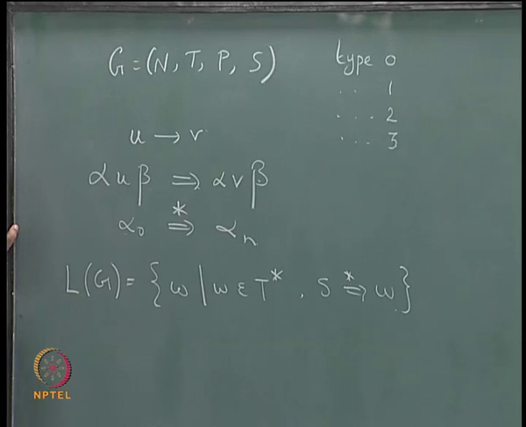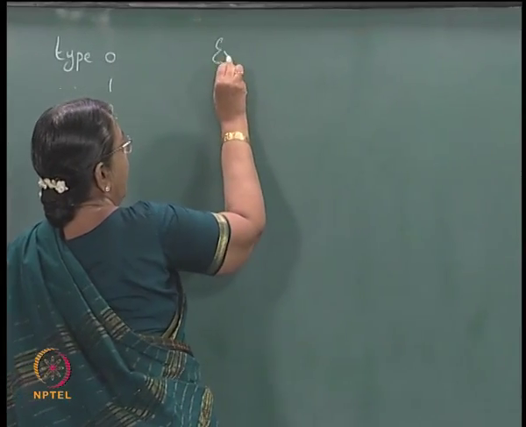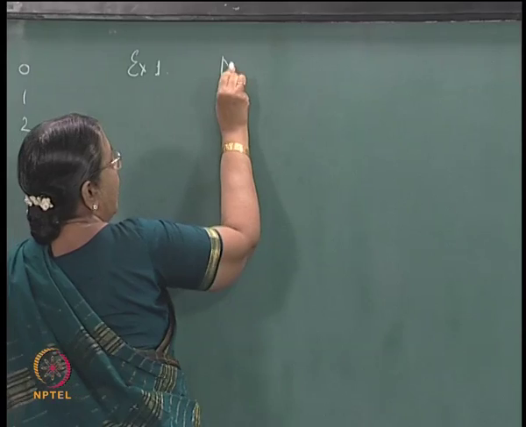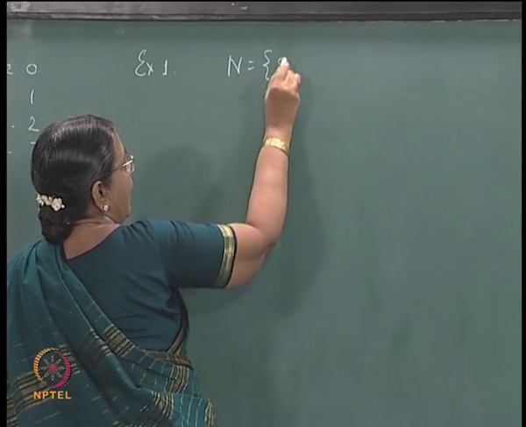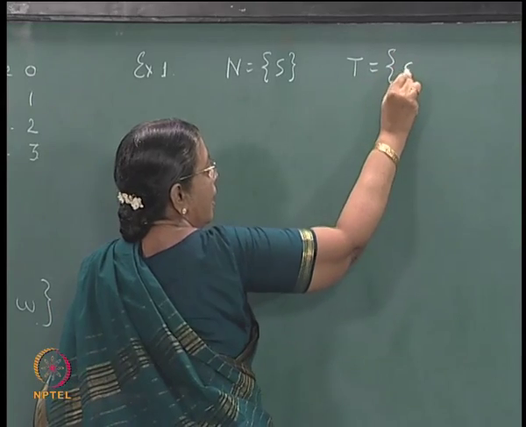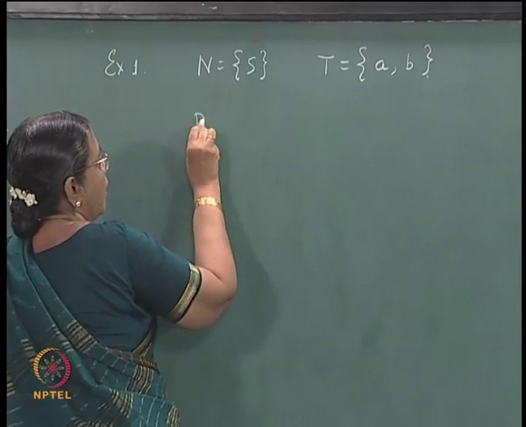Let us consider some examples. Example 1. The grammar has a non-terminal S, only one non-terminal. The terminal symbols are A and B, and you have the set of productions.